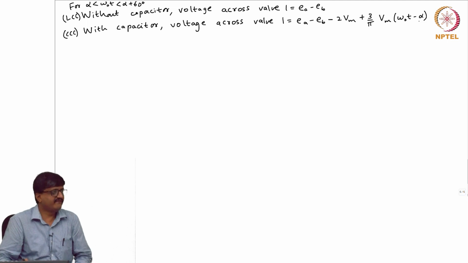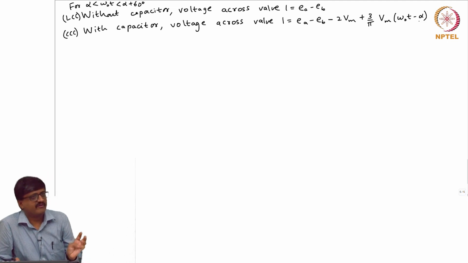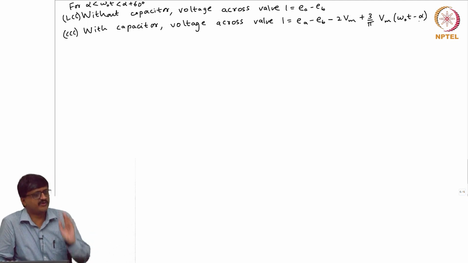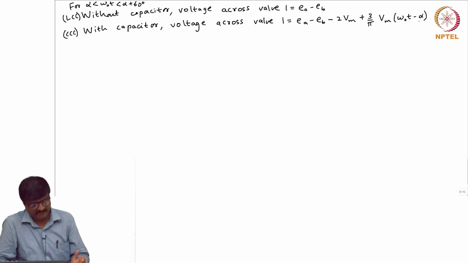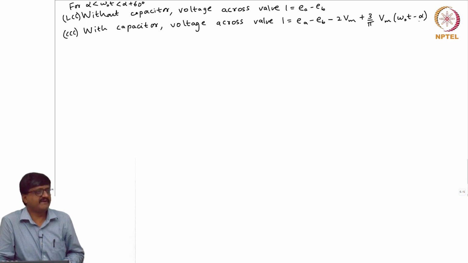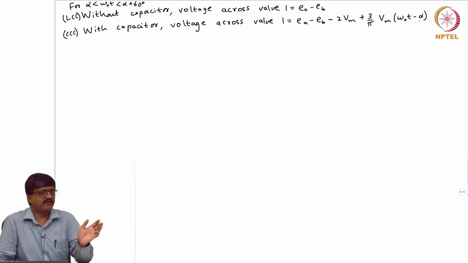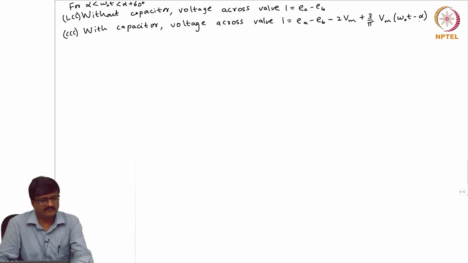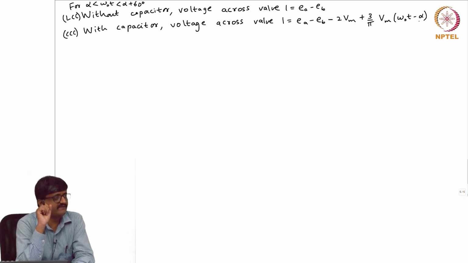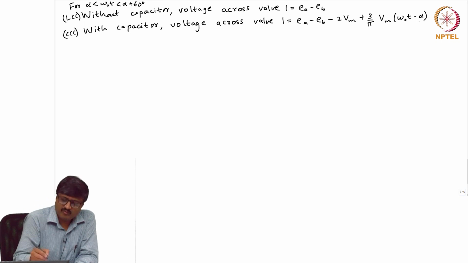Okay. So for inverter operation, we can go for alpha closer to 180. In the previous case of LCC, there was a limit on alpha; one cannot go to values close to 180. Now we can go even for inverter operation.